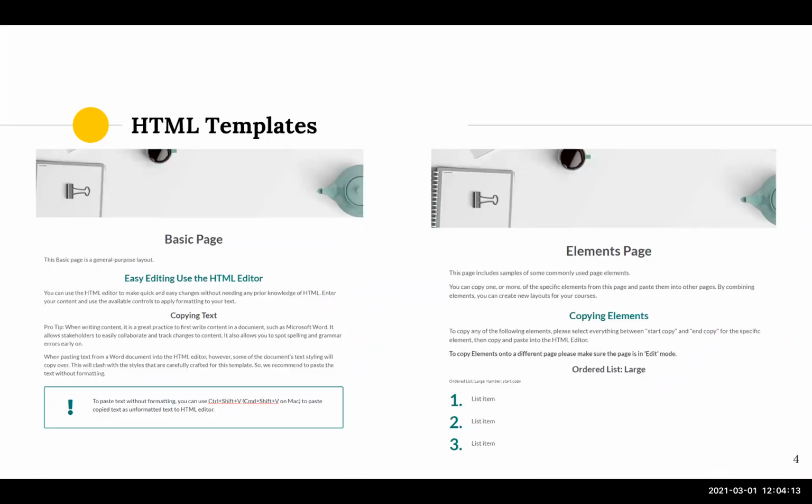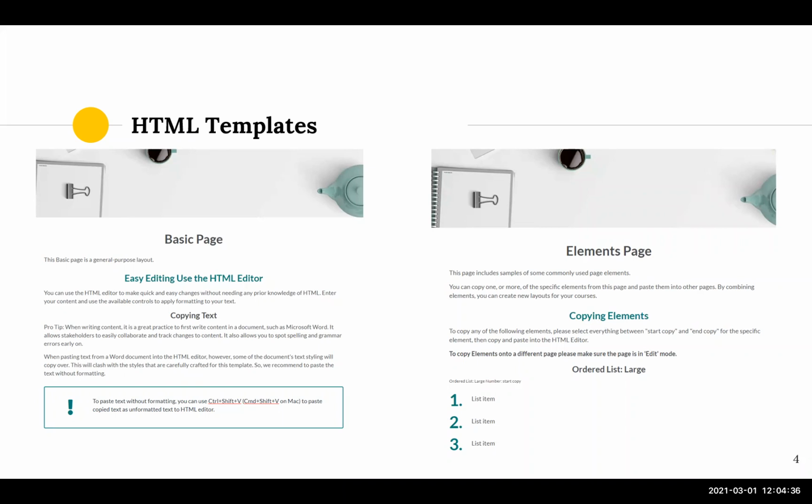So each of your course sections and sandboxes are preloaded with HTML templates designed to help non-developers create clean, functional, and professional content pages using the HTML editor. In fact, you can use the HTML editor to create pages or make quick and easy changes without needing to know any prior knowledge of HTML.